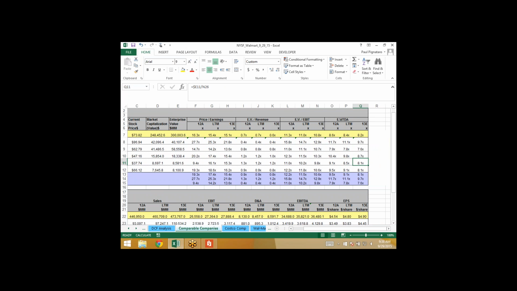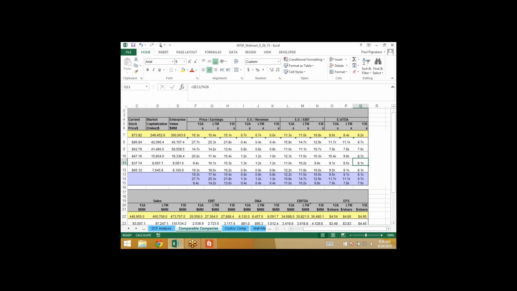So what we want to do is, first of all, in valuation, you always take a range. It shouldn't be a wide range, shouldn't be wider than 3 or 4 points, in my opinion. You use that range to establish an estimated value for Walmart. If Walmart was trading at the lowest end of its competitors, where would its stock price be? On the other hand, if it was trading at the highest range of its competitors, where would its stock price be?